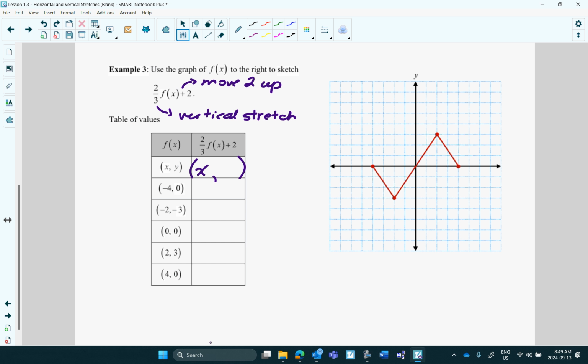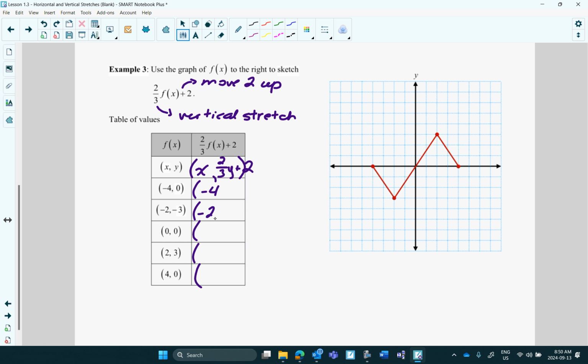It's the y's. What are we doing to each y coordinate on the original? Multiplying by 2/3 and then adding 2. So I've got to take 2/3 of whatever the y coordinate is, plus 2. So now I'm going to get all my new or image points.